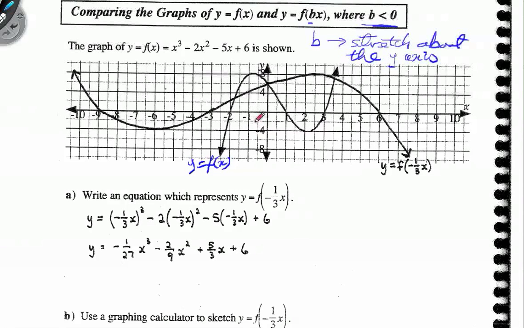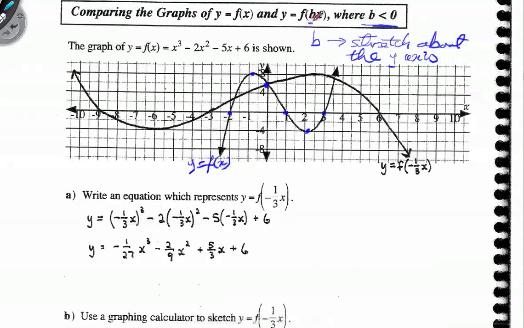So notice, let's take some points here that we can reflect and stretch. Let's take the zeros of the function as well, perhaps that might help. And also this seems to be an invariant point, it doesn't move. Okay, so let's deal with this point here.